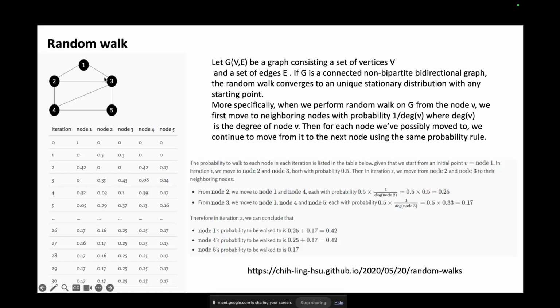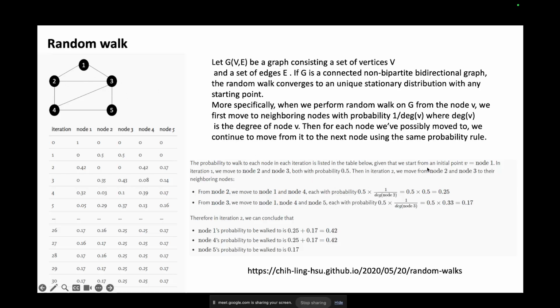Each of these probabilities is 0.5. The probability to walk to each node in each iteration is listed here, and you start with the initial point, which is node 1. In iteration 1, you can move to node 2 or node 3 with equal probability, which is 0.5.